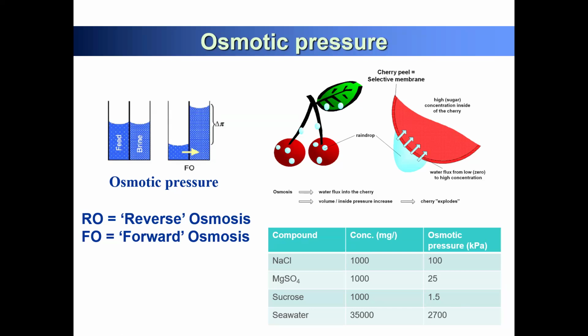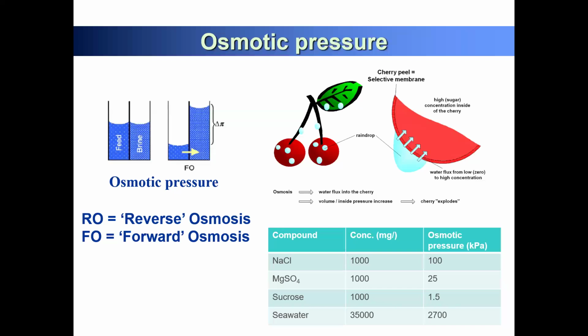So that's exactly what we call reverse osmosis, forward osmosis, osmotic pressure. So forward osmosis just uses osmotic pressure. Reverse osmosis goes from the brine to the feed side.